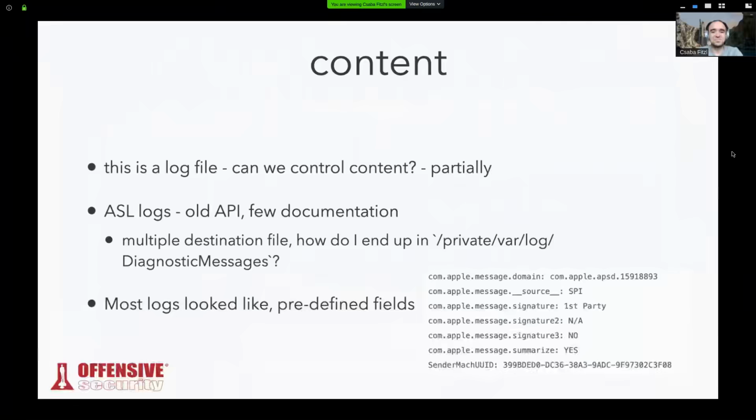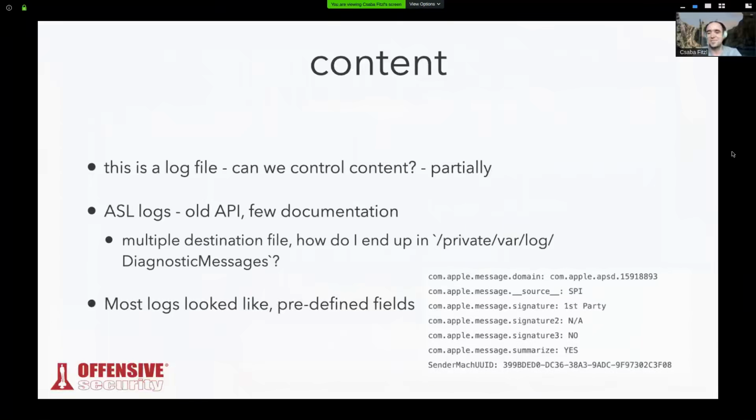I couldn't figure out how you end up in one ASL log bucket versus the other. And if you look at these specific ASL logs in the diagnostic messages folder, it seems like predefined logs with some fields and some data around them.